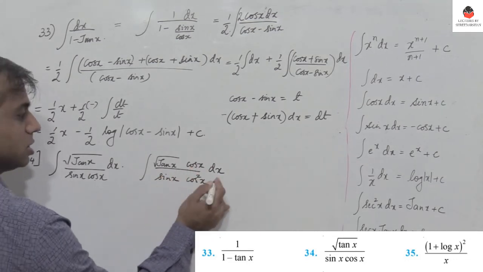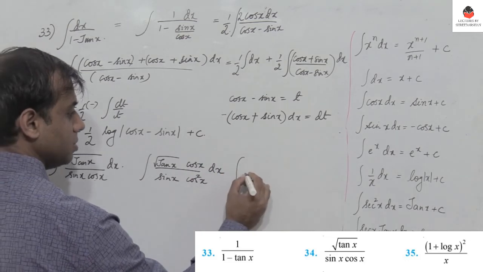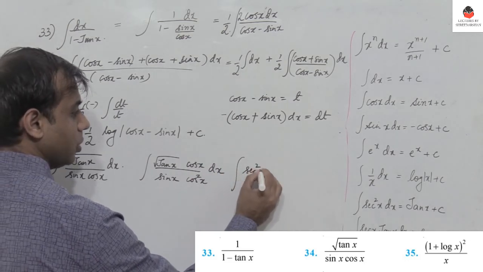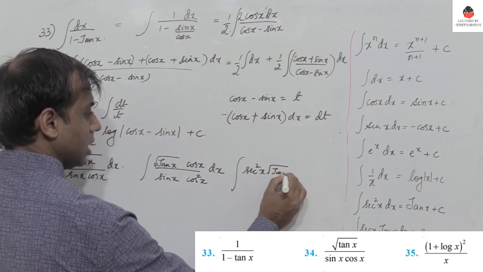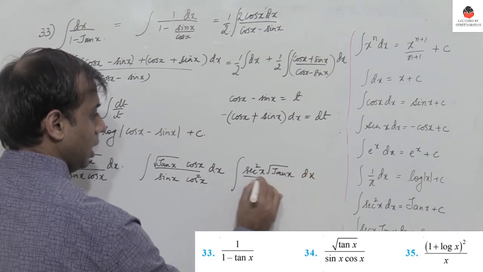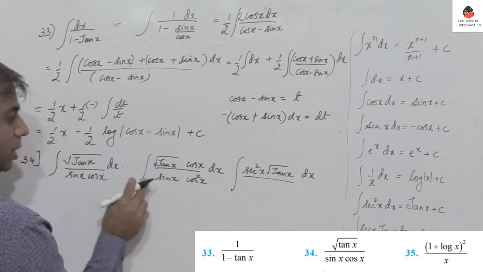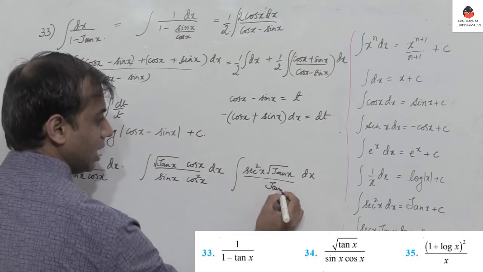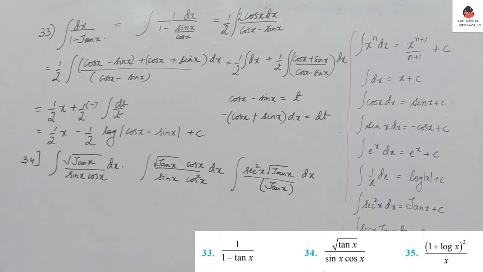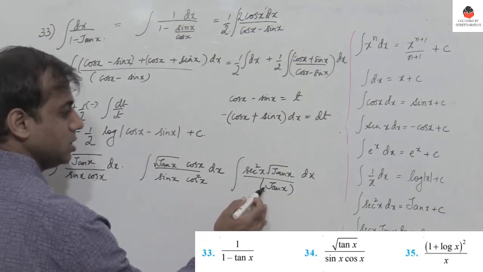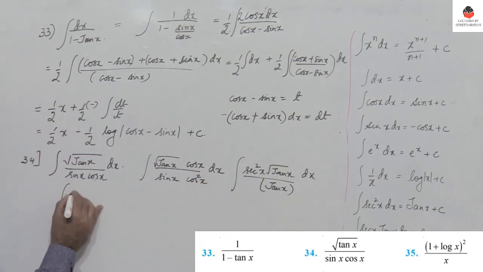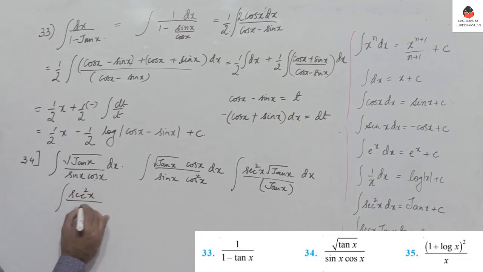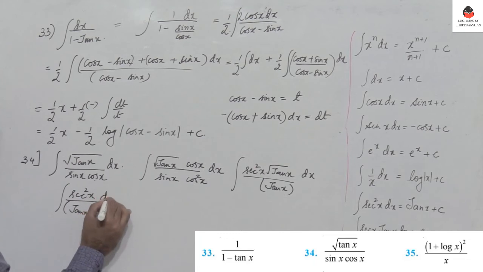Let me bring cos squared x to the numerator. It becomes secant squared x. So secant squared x root of tan x dx, and if I bring this cos to the denominator, it becomes sin x by cos x, which is nothing but tan x. So here you have root tan x, here you have tan x, so it becomes secant squared x divided by (tan x) to the power 1 by 2 dx.